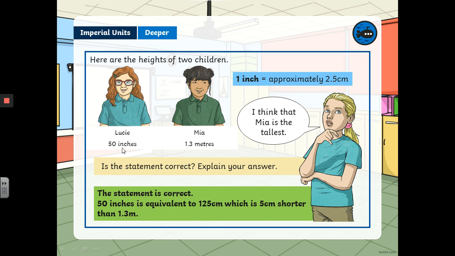So this is how you convert it to one particular measurement, and then you can find your answer. So 50 inches, make it to centimeters, and then find out how much taller or shorter she is than the other person.